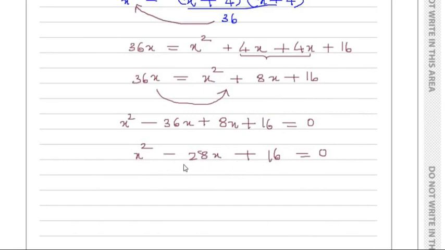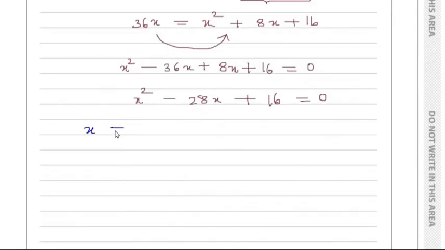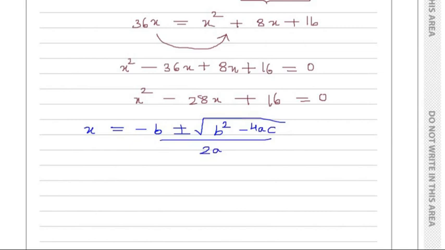So we can use the quadratic formula to solve this given expression. The quadratic formula is given as x is equal to negative b plus minus radical b square minus 4ac over 2a. And in this equation we have a is equal to 1 because a is the coefficient with x square and here it is 1. B is equal to negative 28 and c is equal to 16.